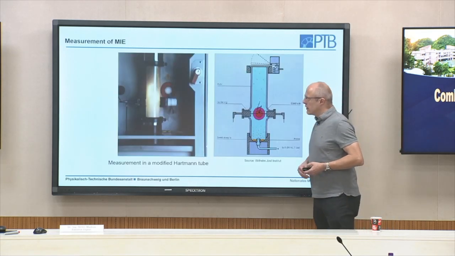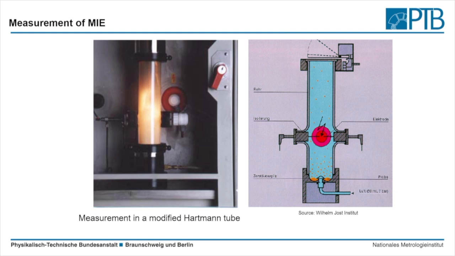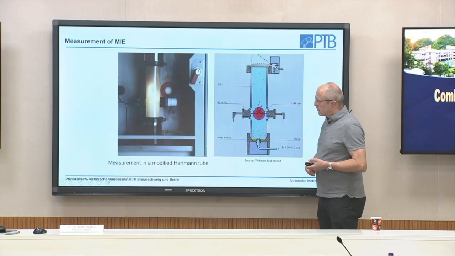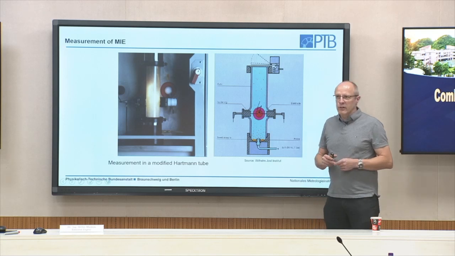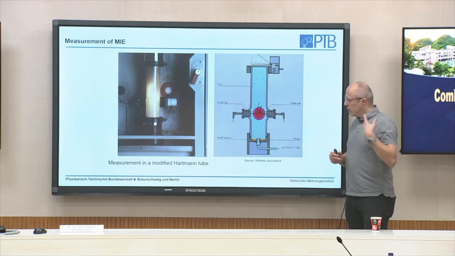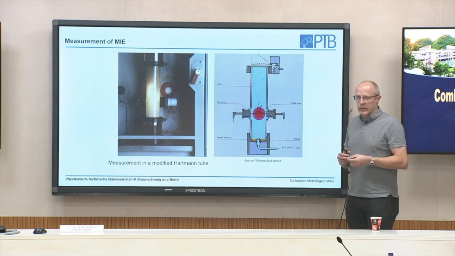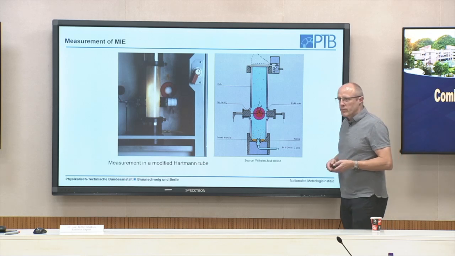The typical experimental method is a so-called Hartmann tube. We fill this glass tube with the combustible air mixtures we want to examine, and check if there is an ignition with our energy, yes or no. And again, in 1 of 100 experiments.